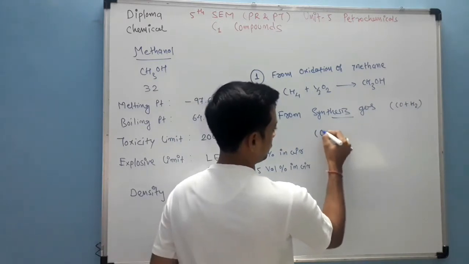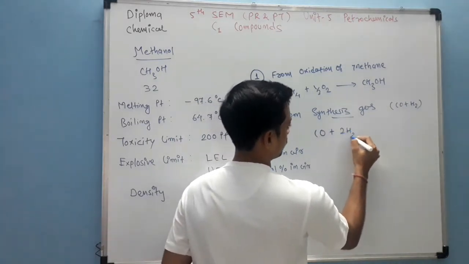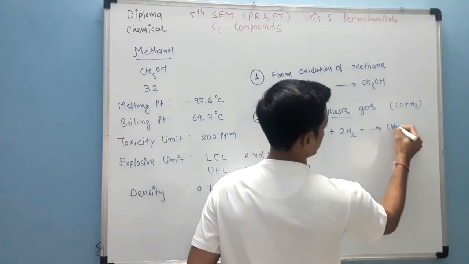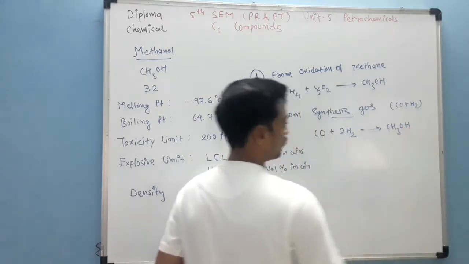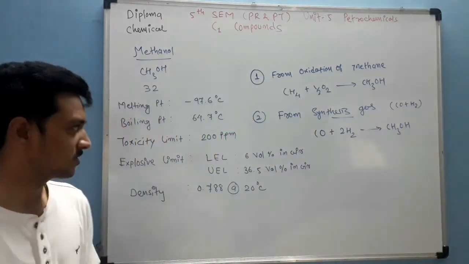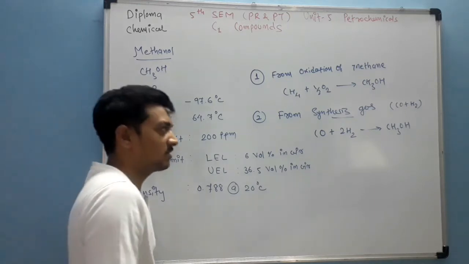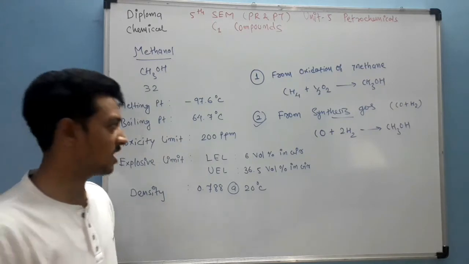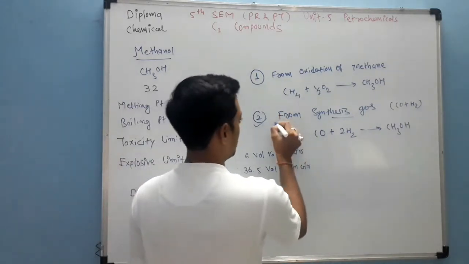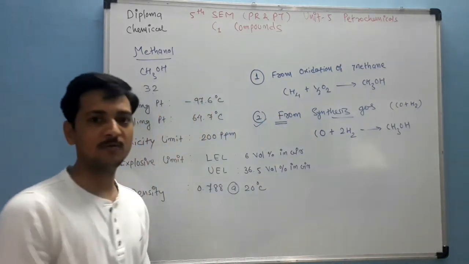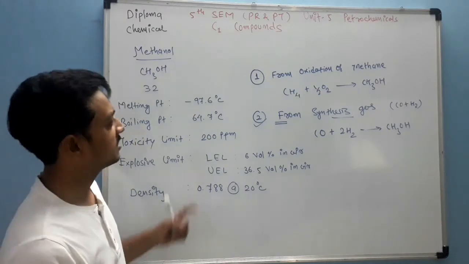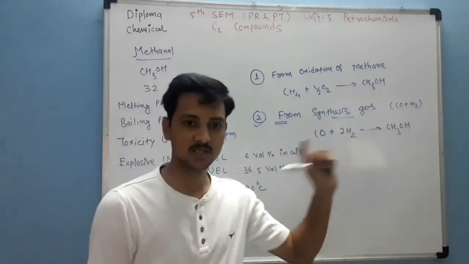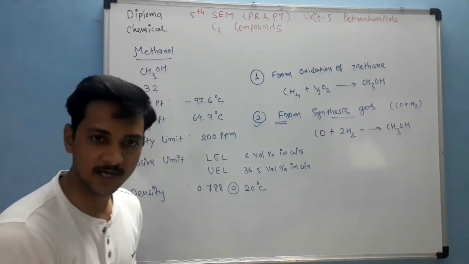The reaction is CO plus 2H2 gives CH3OH, methanol. Okay. In our syllabus, the second process is there. So we will now discuss the manufacturing method of methanol from synthesis gas.